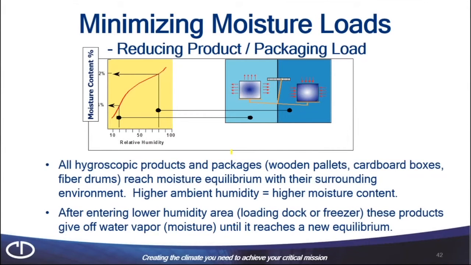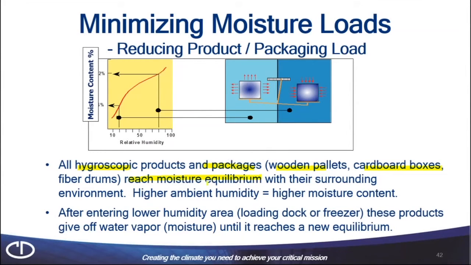Let's stop that moisture. Let's move now on the inside, and we'd like to speak specifically to the packaging that happens. So any hygroscopic packagings, wooden pallets, cardboard boxes, all of those things, they are going to bring moisture in them. If you've got them stored in some sort of a warehouse that is unconditioned, they are going to reach a moisture equilibrium.